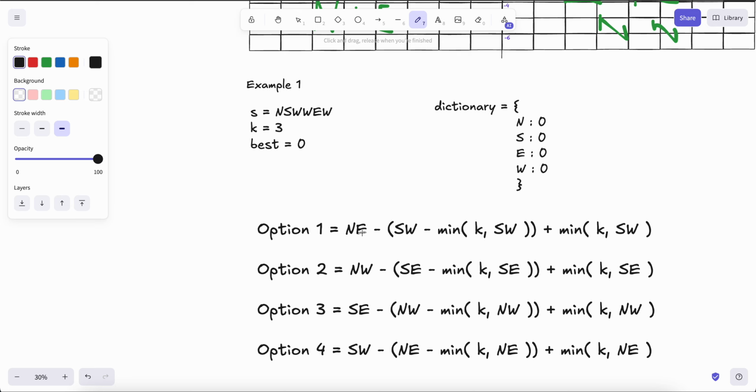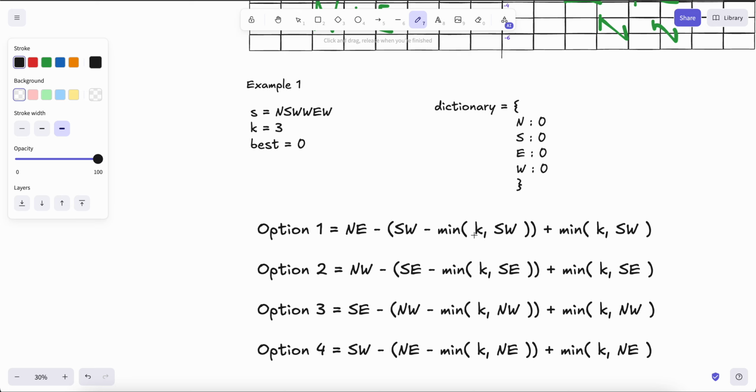In the case of northeast, we have to minimize the operation of southwest, and we can do that by subtracting the minimum of k and SW. There's a limitation here. For example, if the k value is 3 but the value of SW is 7, the maximum changes that you can make is 3, which is limited by the value of k.